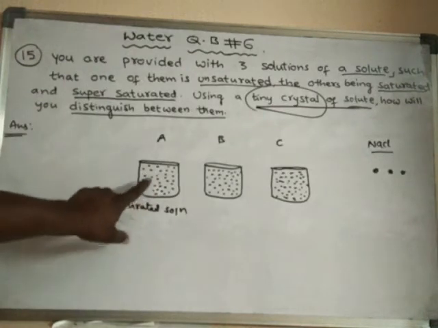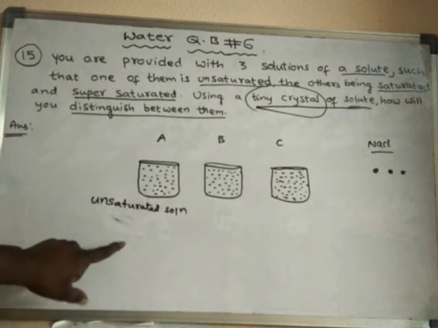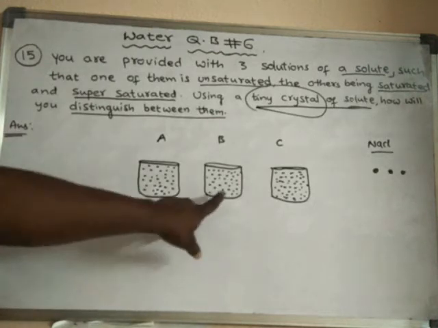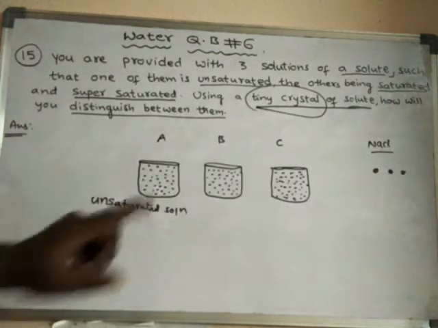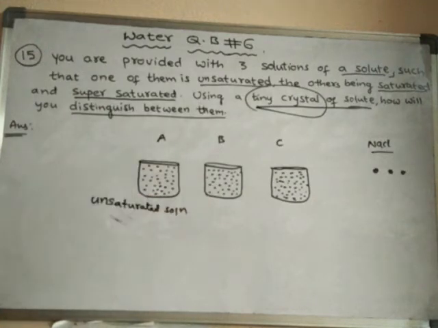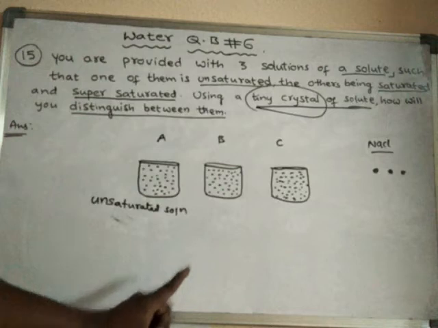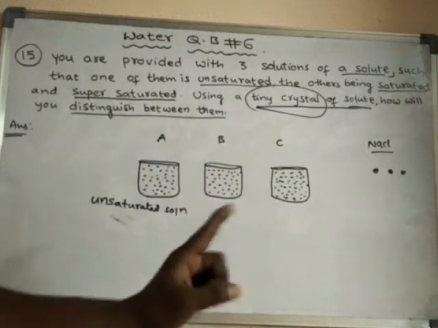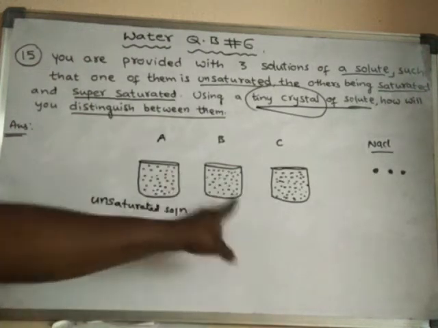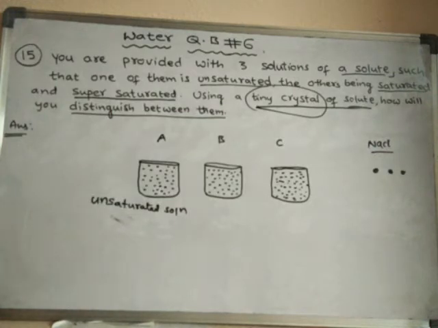So we have to try first with one solution out of these three. Out of these three, one is saturated, another is unsaturated, and another is supersaturated. We have to distinguish which one is saturated and which one is unsaturated.